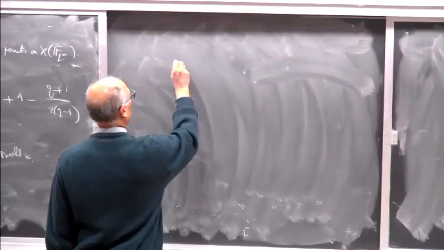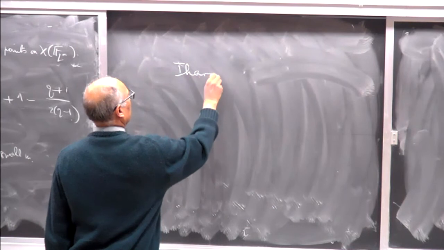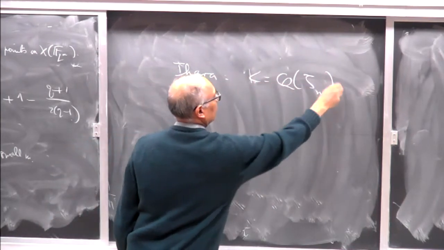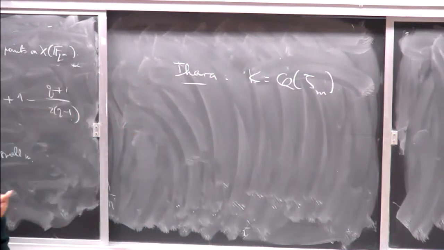So Ihara conjectured the following, that if I consider now the cyclotomic field, again back in the number field case, well, this field has no small primes that split, because for a prime to split completely in that field, P has to be congruent to 1 mod m.